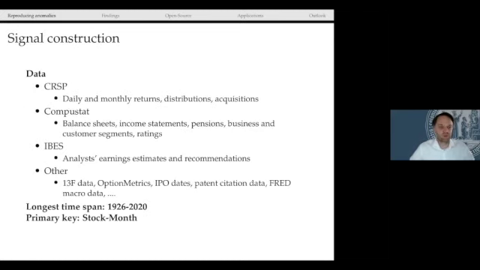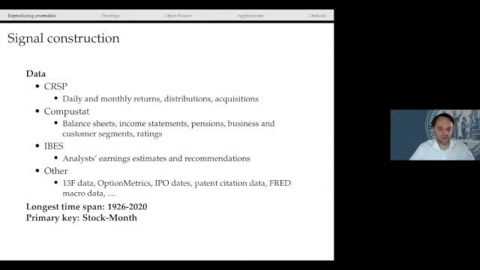The main data sets that we use will be very familiar to you. We use CRSP for daily and monthly returns, distributions, acquisitions, dividends. We use Compustat for firm fundamentals, Compustat pension data as well, the business and customer segments for firm complexity, and S&P rating data.